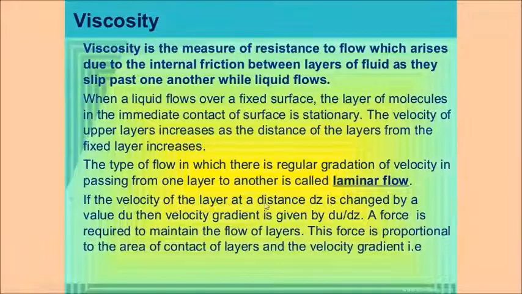If the velocity of the layer at a distance dz is changed by a value du, then the velocity gradient is given by du by dz. A force is required to maintain the flow of layers, and this force is proportional to the area of contact of layers and the velocity gradient. That is, F is directly proportional to A, and also F is directly proportional to du by dz.